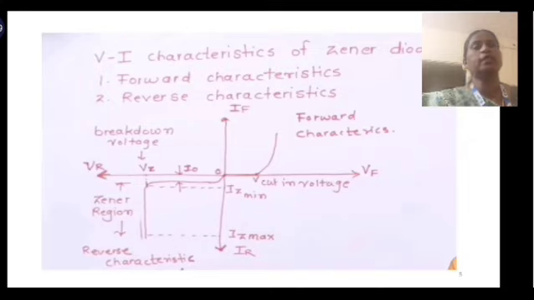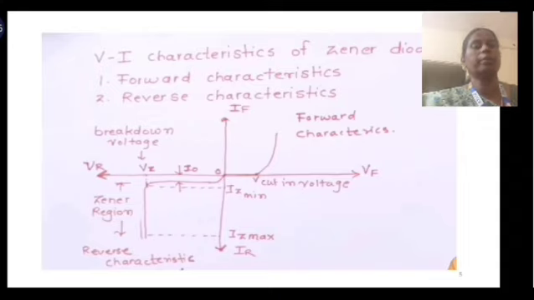For example, if I take a 5.1 volt Zener diode for analyzing the VI characteristics, the forward characteristics will be the same; after the cut-in voltage, the diode will start conducting current. But in the reverse category, once the reverse voltage reaches 5.1, whatever the input voltage may be, I get 5.1 volt as output.